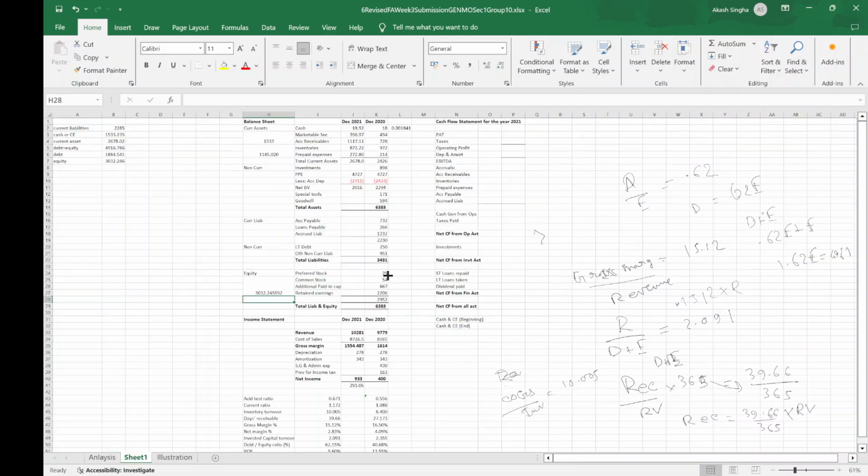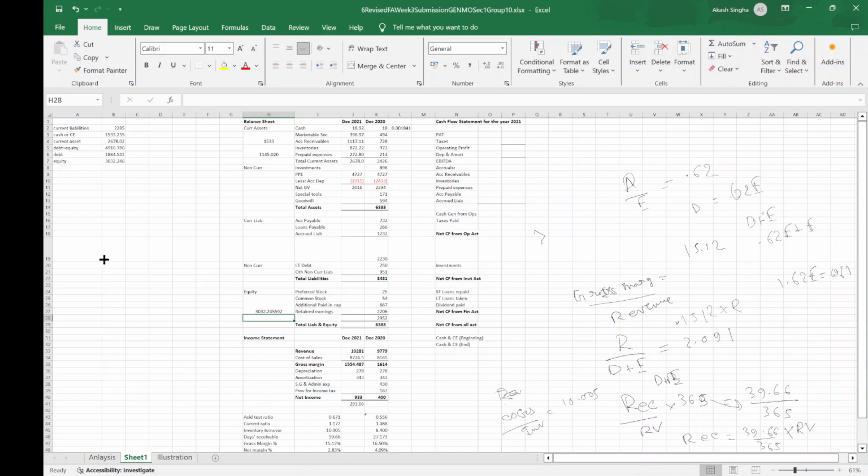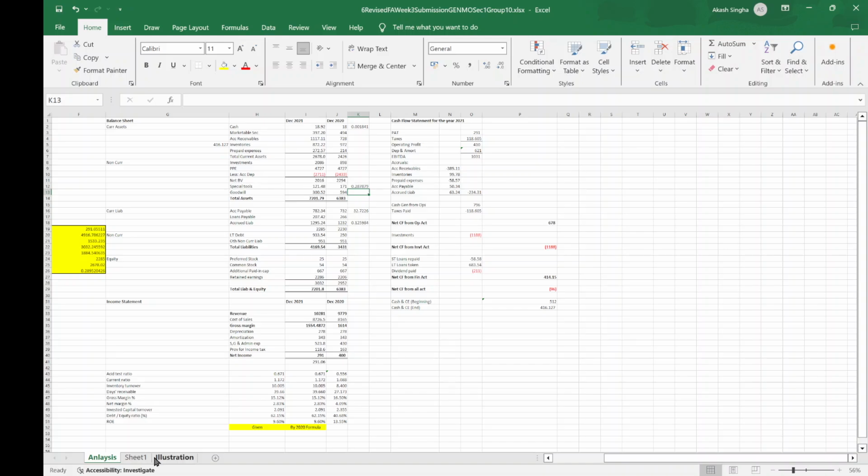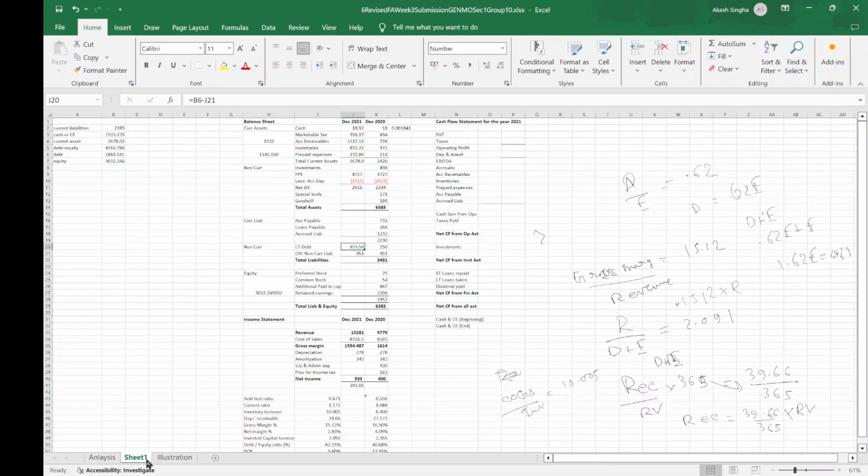Now I think we have taken that other non-current liabilities are not changed. So long-term debt should be this minus non-current liabilities 933. Yep.